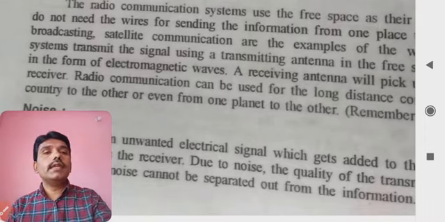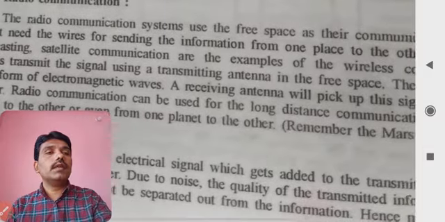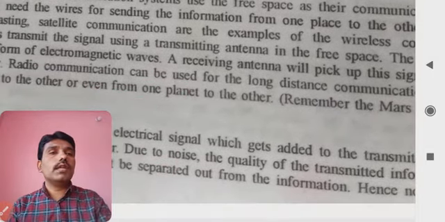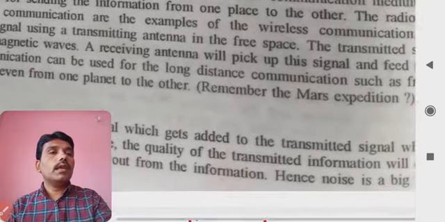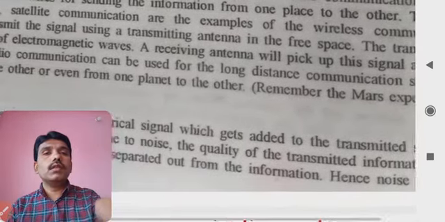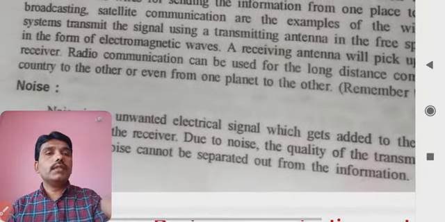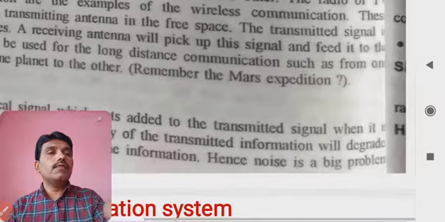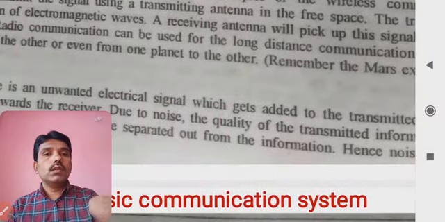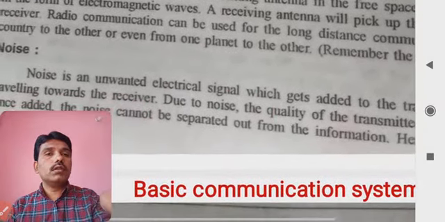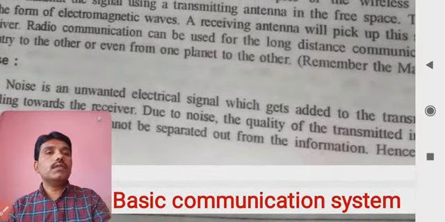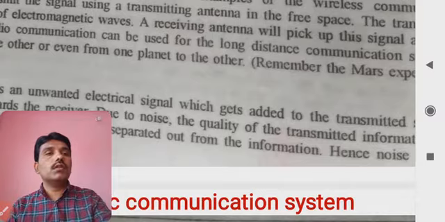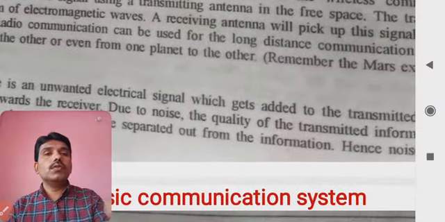Satellite communication and broadcasting are examples of wireless communication. Signals are sent using a transmitting antenna into free space as electromagnetic waves, and a receiving antenna picks up the signal and feeds it to the radio communication receiver. This is another way of covering larger distances.